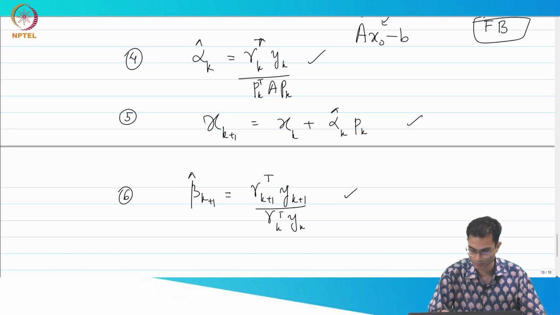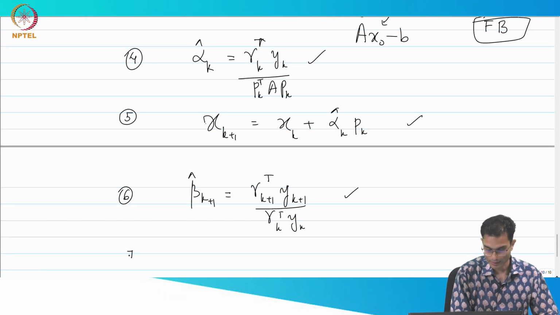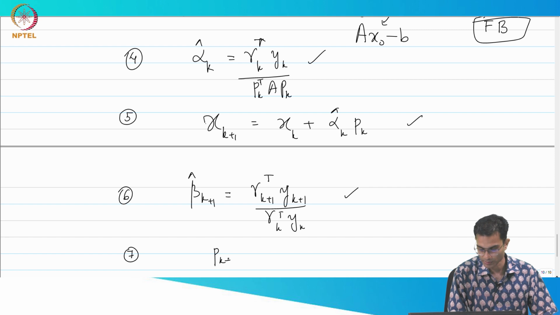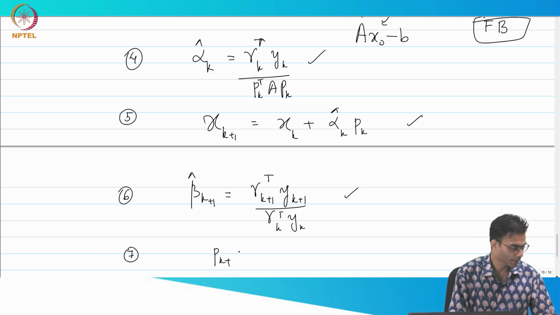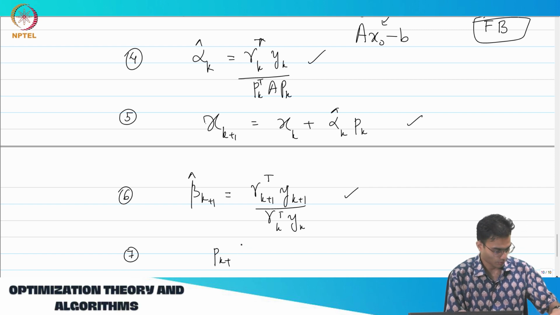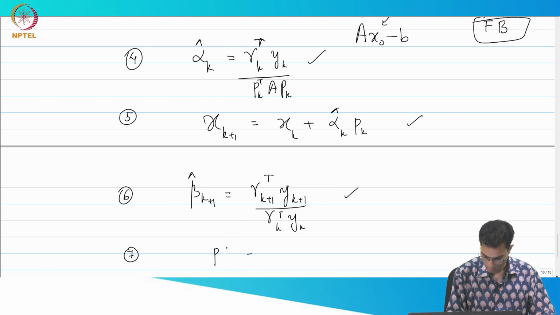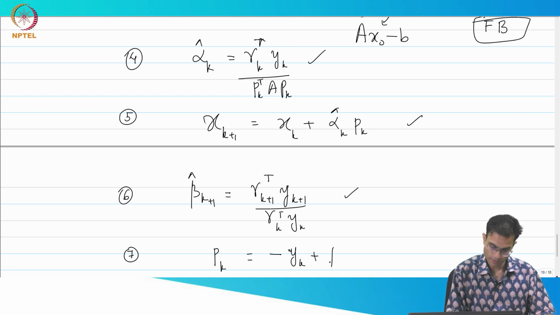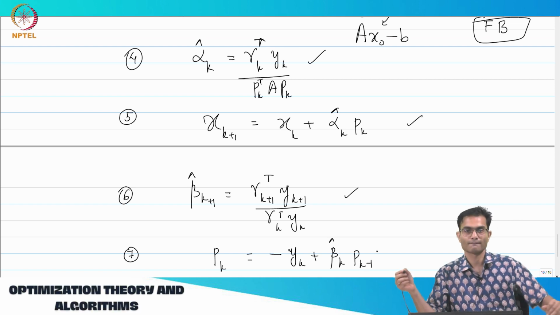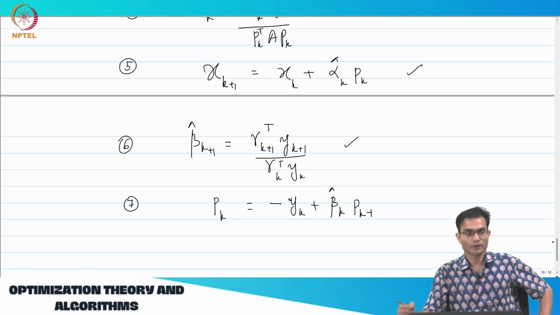So, all of this can also be done, and as a result my p k plus 1 update expression also goes through, which was p k equal to minus y k plus beta hat k p k minus 1. Now I know everything over here.